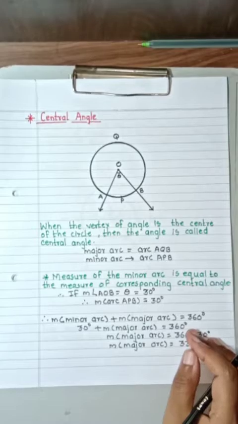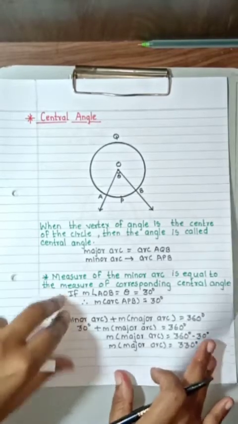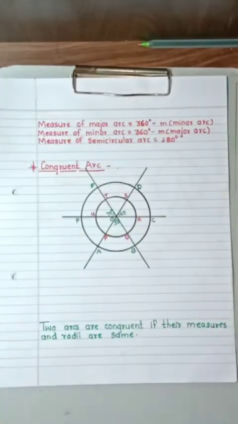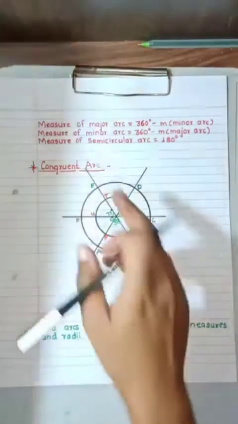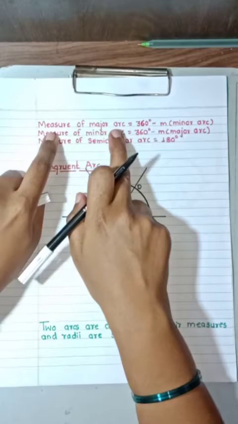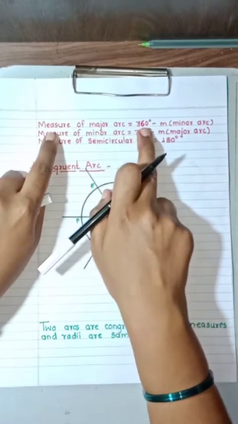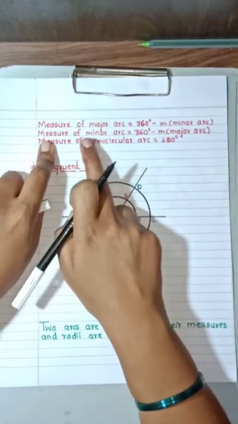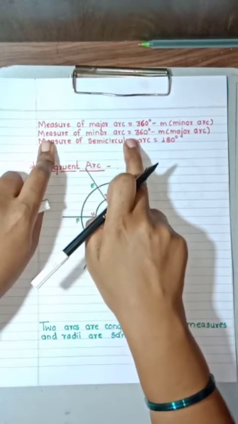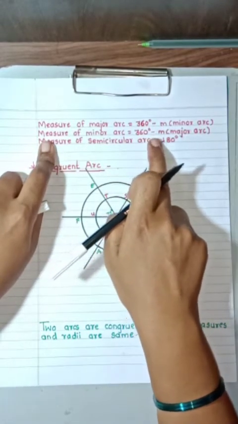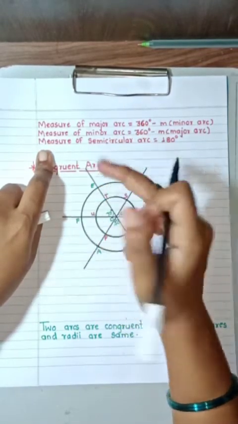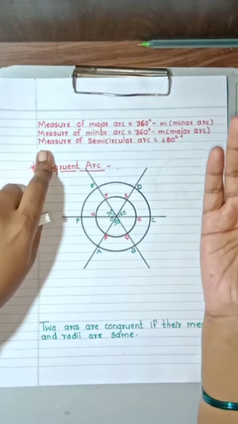Now children, if you want to find the measurement of major arc, what you have to do? 360 degrees minus measurement of minor arc. If it is told to find measure of minor arc, then you have to do 360 degrees minus measurement of major arc, and measure of semicircular arc is 180 degrees.